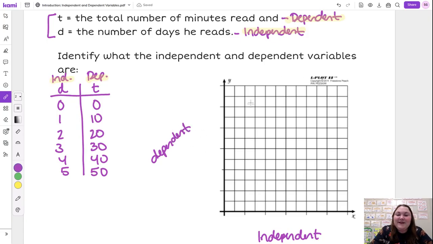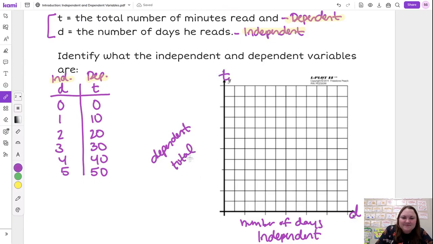So if I wanted to make a graph for this story, my x-axis, that's going to be D, and we can label it as number of days. And then my y-axis, that would be T, and we could label it the total minutes.